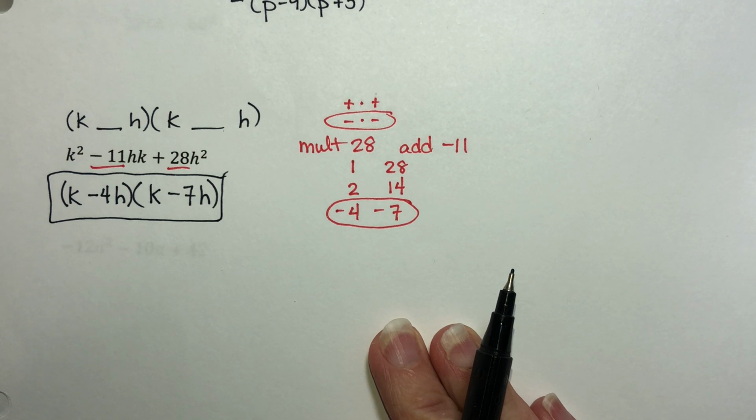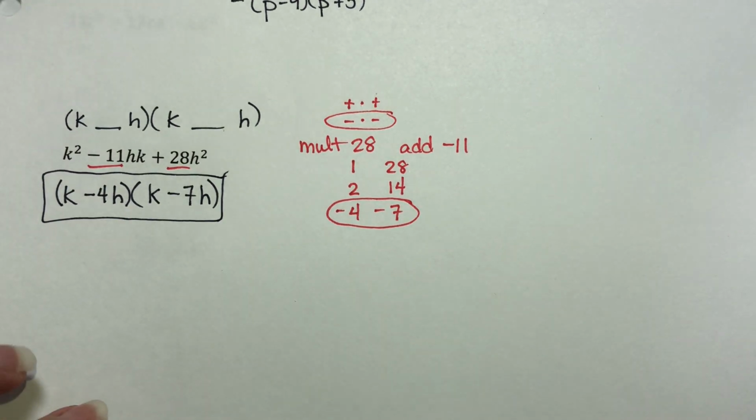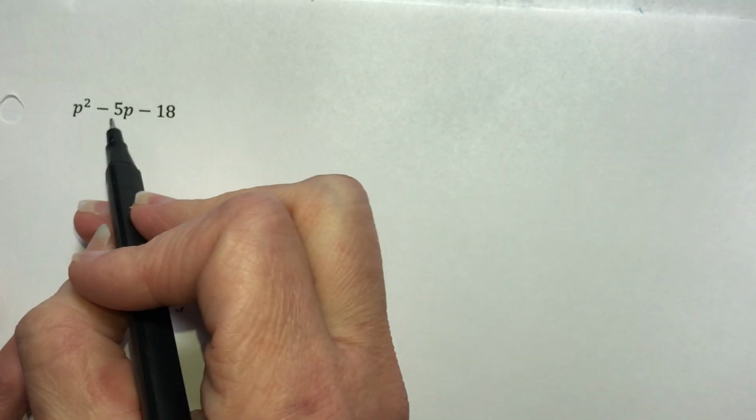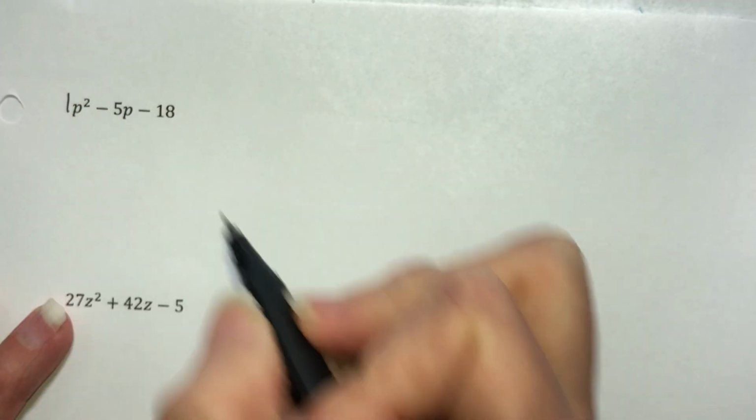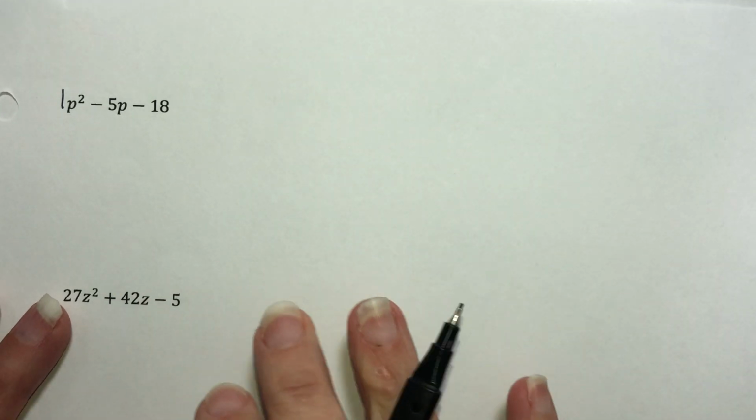Okay, so let's look at this problem right here. P squared minus 5p minus 18. My coefficient in front of my p squared is a 1, so it's still this first possibility.